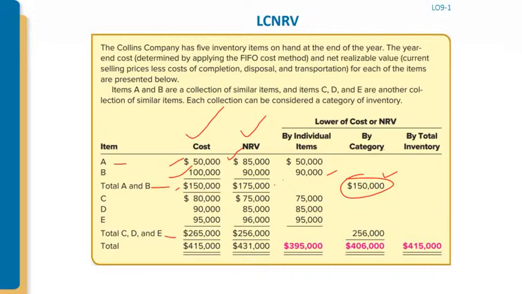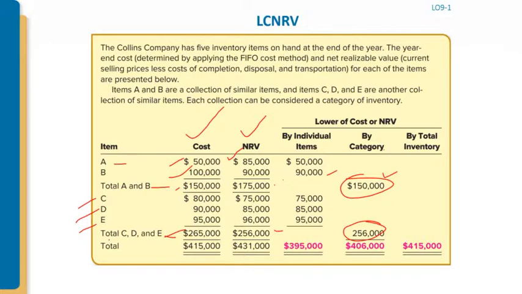For C, D and E, we have done the same thing and taken the sum of the total of C, D and E. We can see 265 and 256. Out of these two, 256 is the lower one.